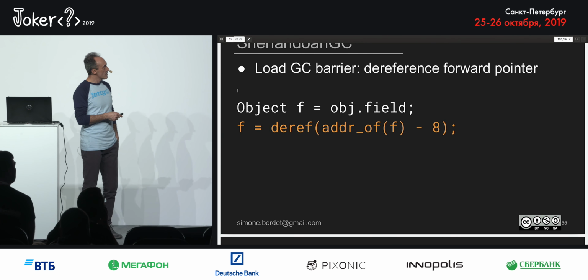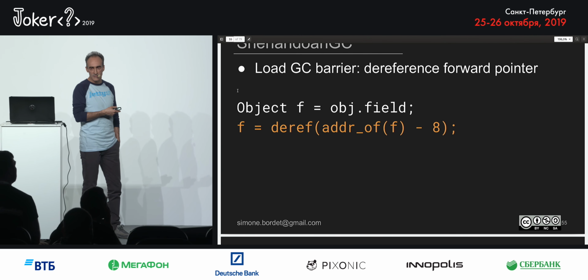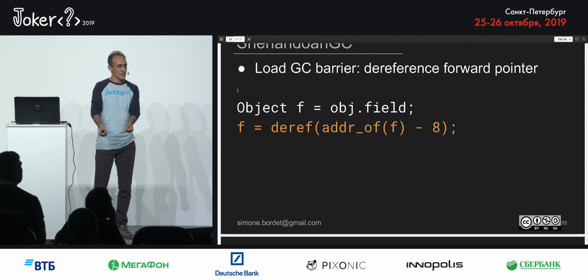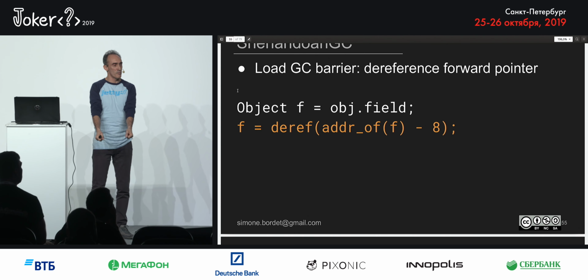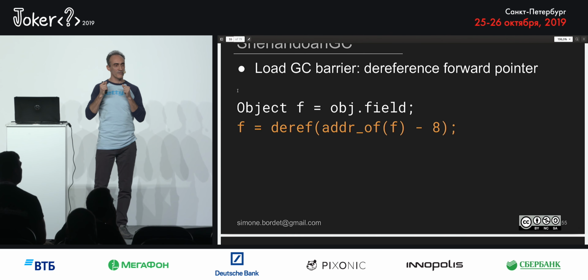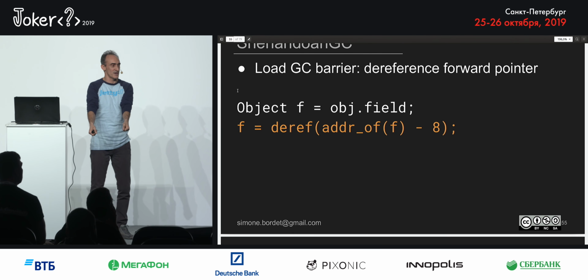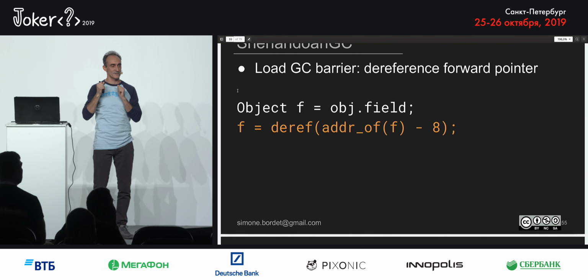It takes the address of the field and goes 8 bytes before that, where the forward pointer is. It has to load the forward pointer and then follow it, right? Typically, I go back 8 bytes, and the forward pointer points to the object itself, and so it goes forward 8 bytes. So it's basically back 8, forward 8.